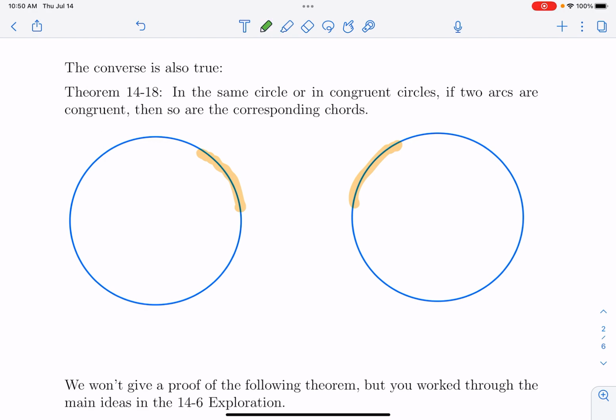Well, what does that mean? It means they come from congruent circles, we already know that, and they have the same measure, which means that this central angle here is congruent to this central angle here.